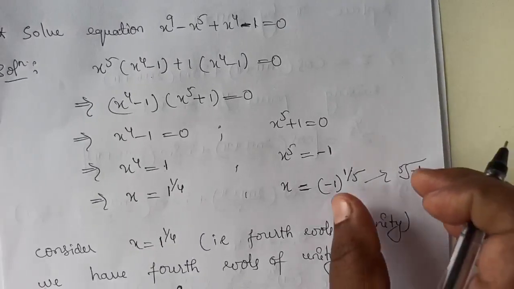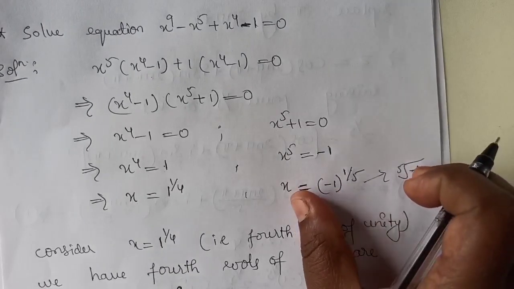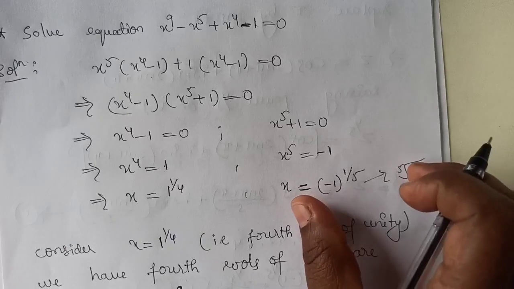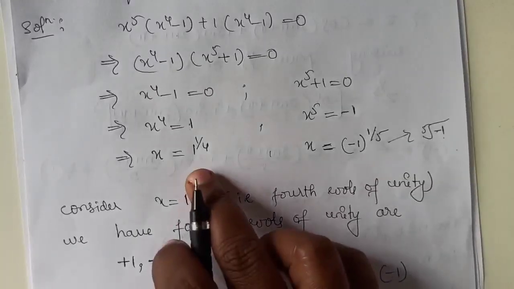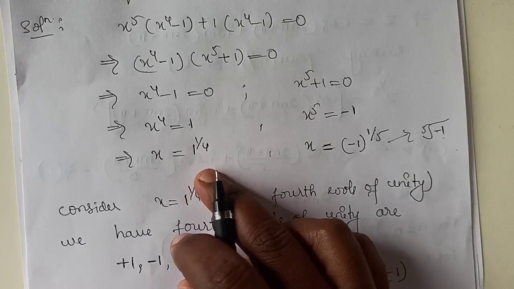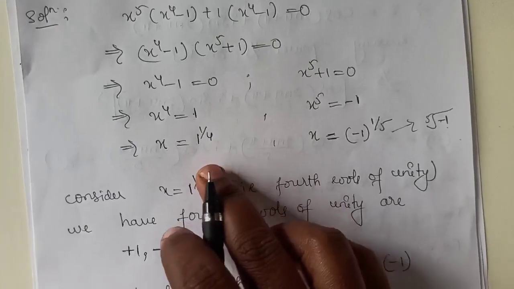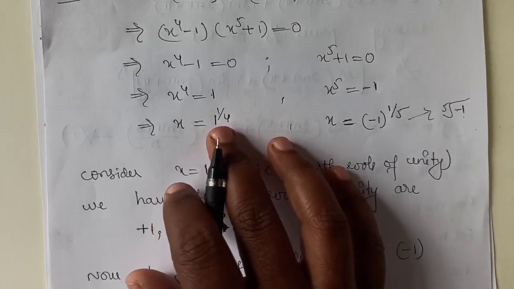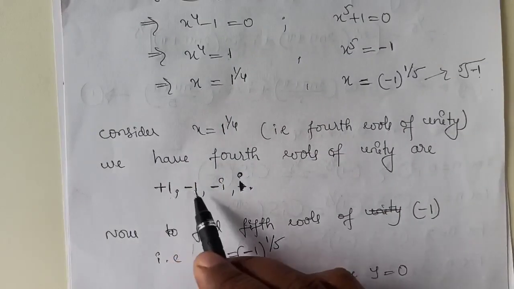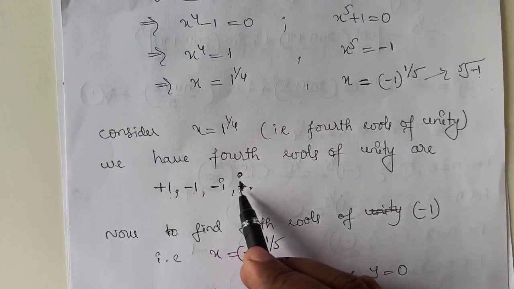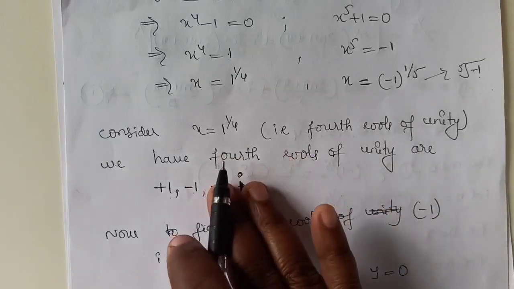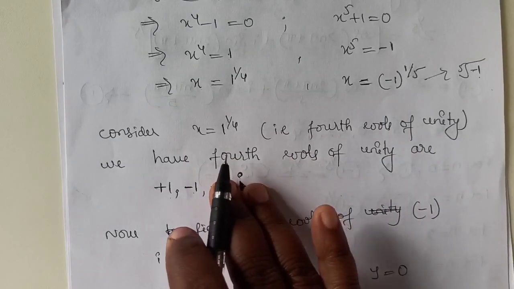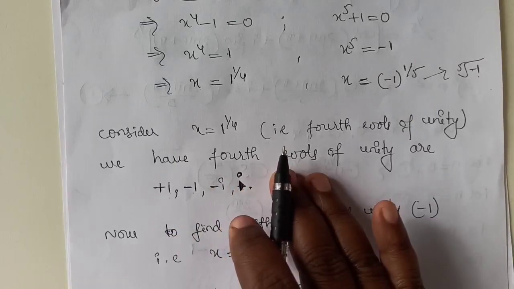So this can be solved by using the concept of complex numbers. Already we have done the roots of a complex number. We know that the fourth roots of unity are +1, -1, i and -i. This we have already solved in the last class.